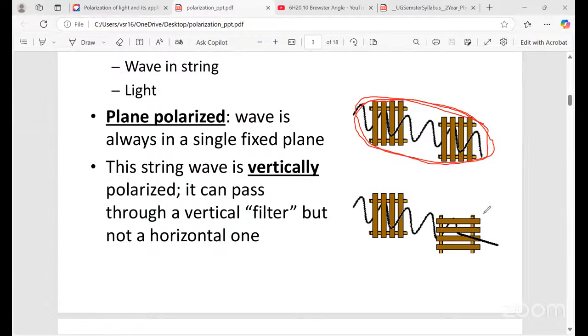But whereas this is the horizontal one, getting my point? Okay. Here the wave is not transferring. Here the wave is transferring. Okay. So this is what causes plane polarized light. Is it clear?